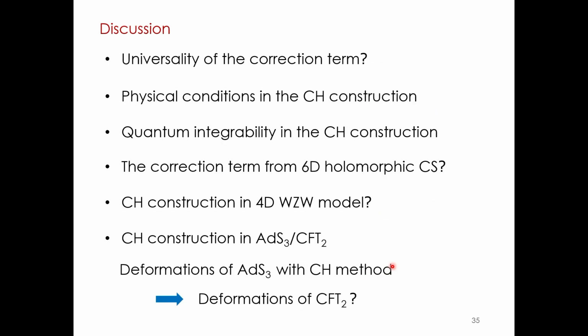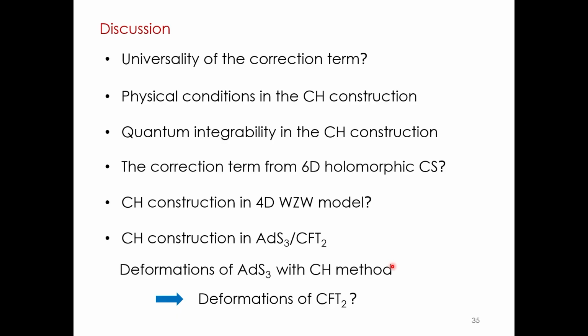Okay, let me list some future directions. First of all, we need to check the universality of the correction terms. Here we have derived the correction term, the trace of the energy momentum tensor, by considering the principal chiral model only. But by changing the seed theories, by changing the meromorphic functions, we can consider a lot of examples systematically.